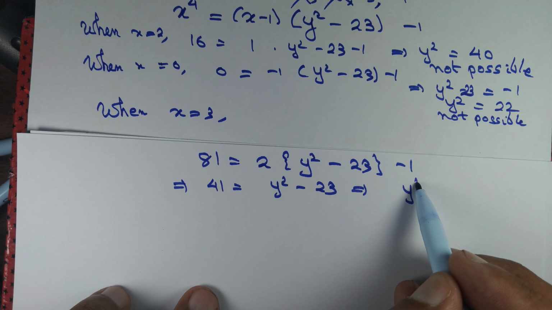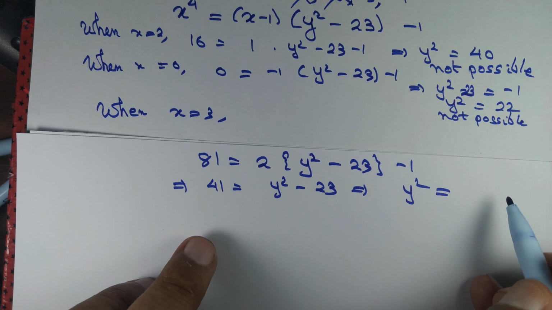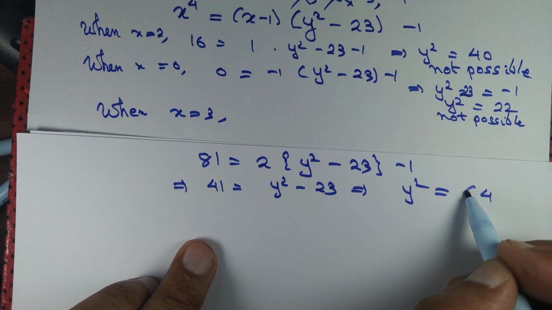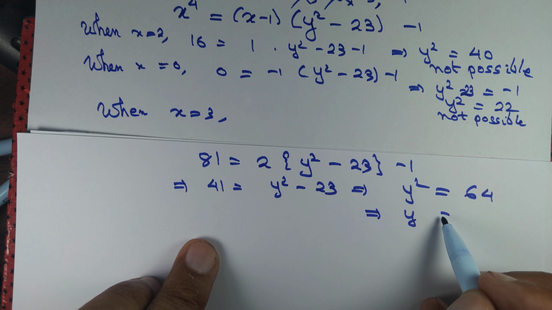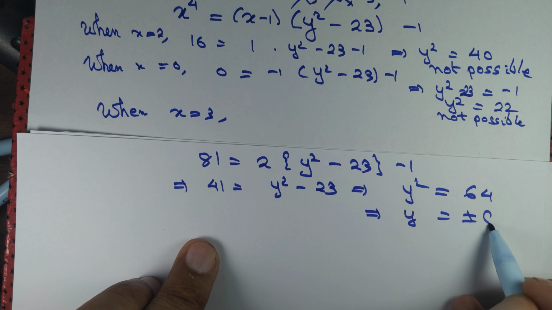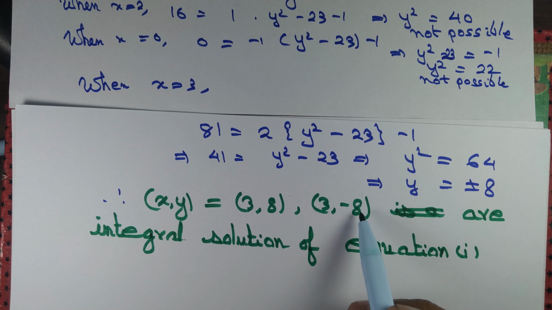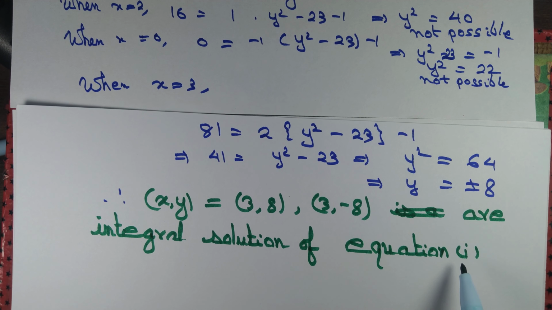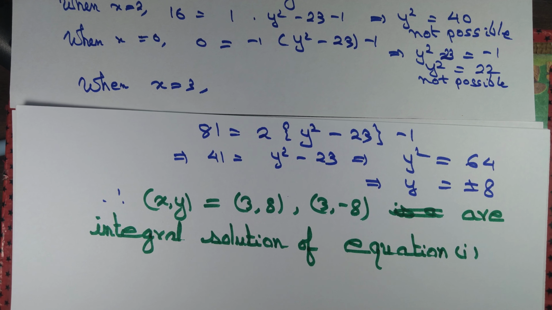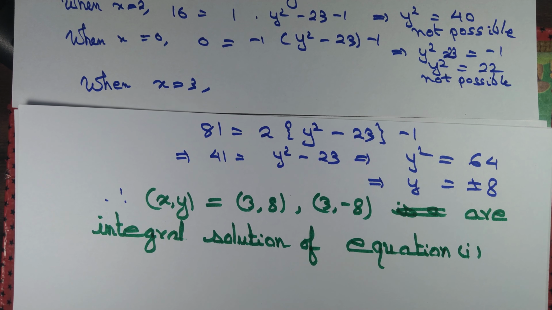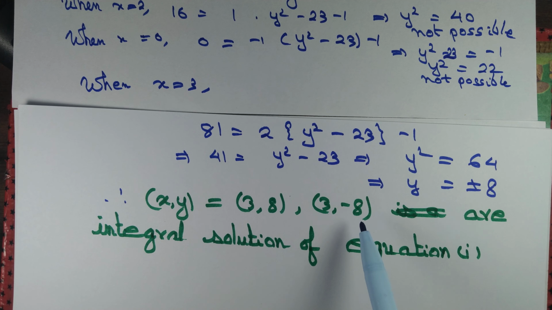That gives us y square equal to 41 plus 23, that's equal to 64. So you see that y equals plus minus 8. Therefore, x, y equal to (3, 8) and (3, minus 8) are integral solutions of equation 1.